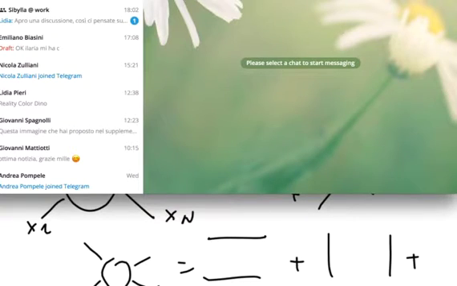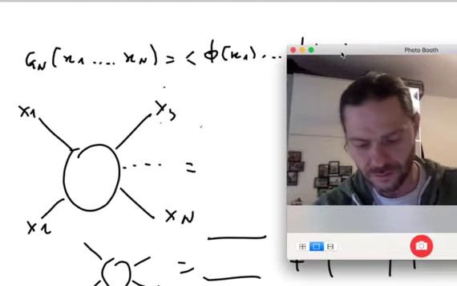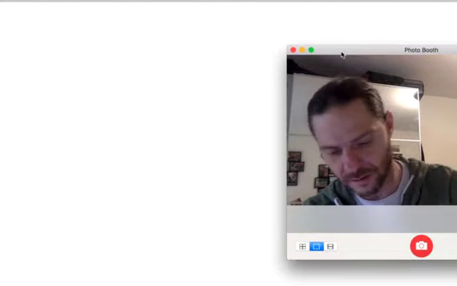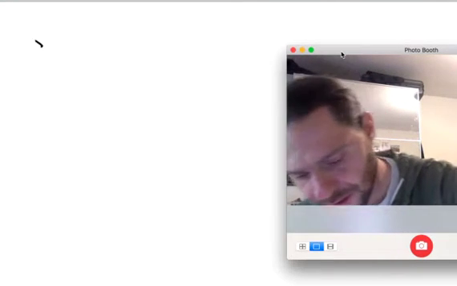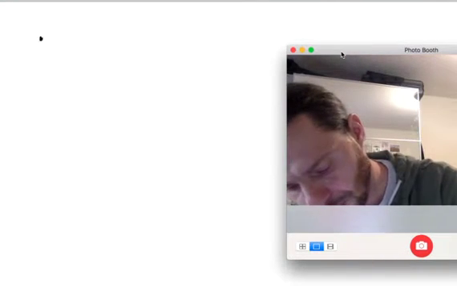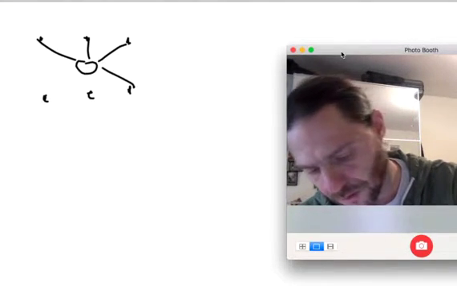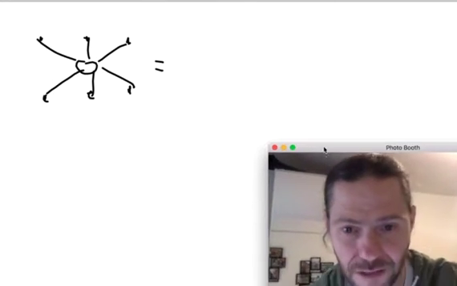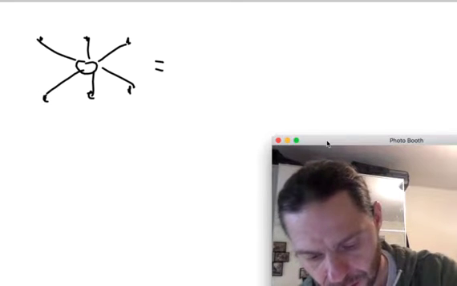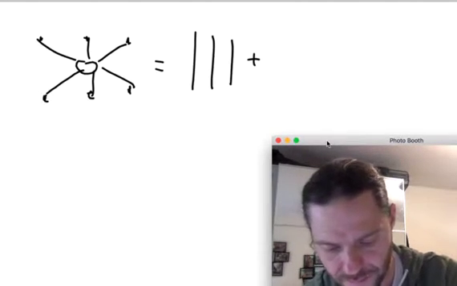And so let's make an example and see what happens if we want to compute higher order correlation functions. For instance, we want to compute a 6th order correlation function. So now we have 6 points, 1, 2, 3, 4, 5, 6, and then they're all connected to the same blob. This is my 6-point correlation function, and if I apply the Wick theorem, I have a certain number of diagrams to count.